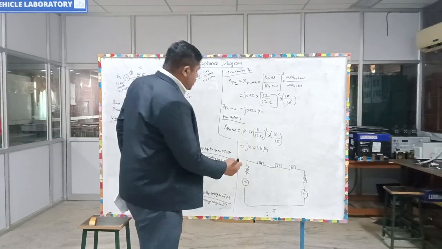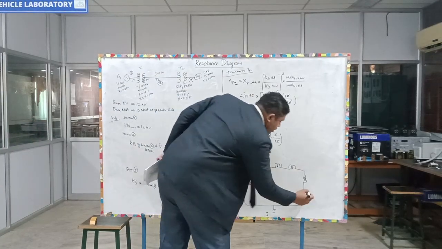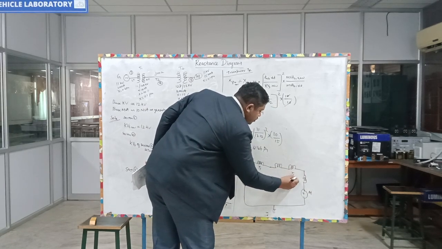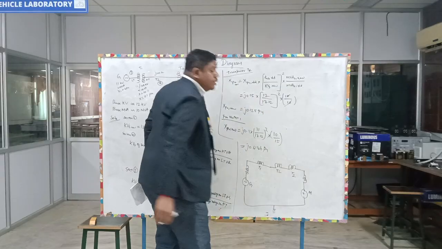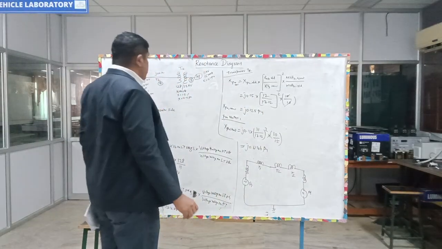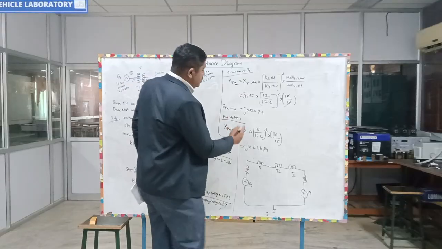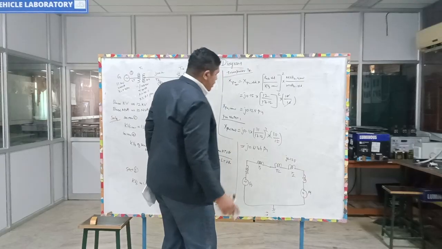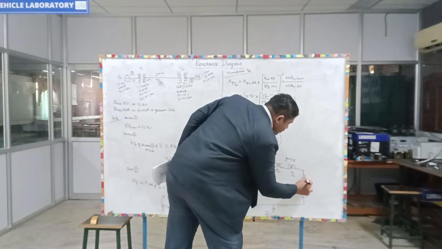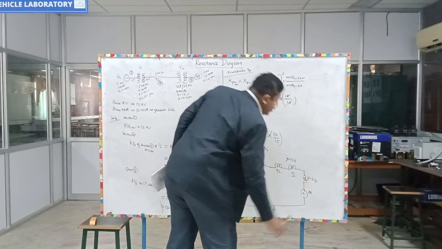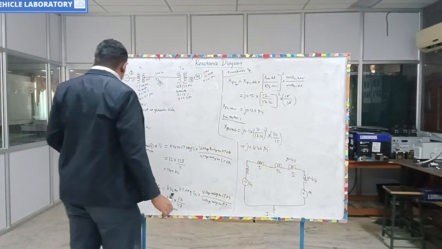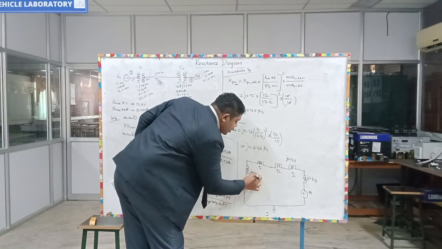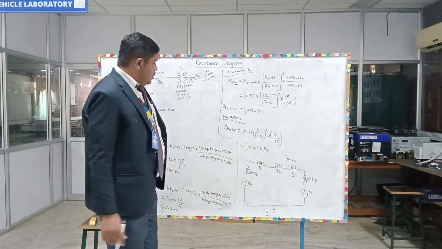Okay, so this is the generator, this is the motor, this is T1, this is T2, and this is the transmission line. So we have calculated the values. Just represent for transformer T2 j0.125. For the motor it is j0.614. Then for the generator it's j0.56.